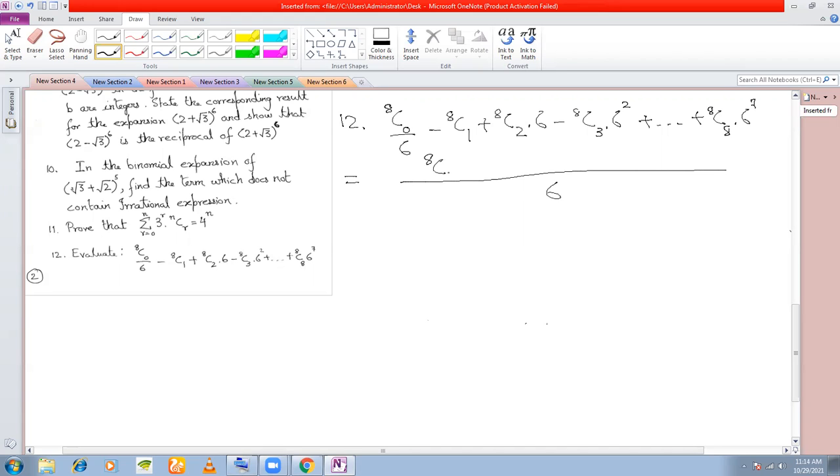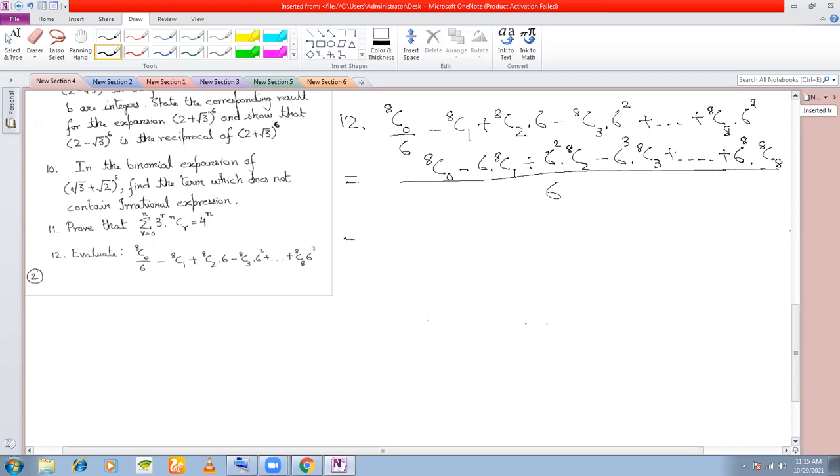So you get 8C0 minus 6 into 8C1 plus 6 square into 8C2 minus 6 cube into 8C3 plus and so on. This will continue till 6 to the power of 8 into 8C8.